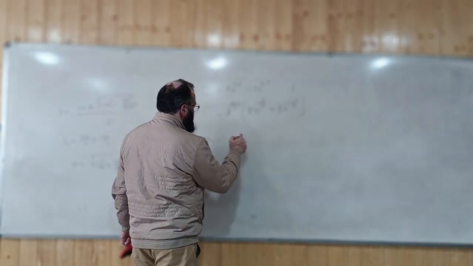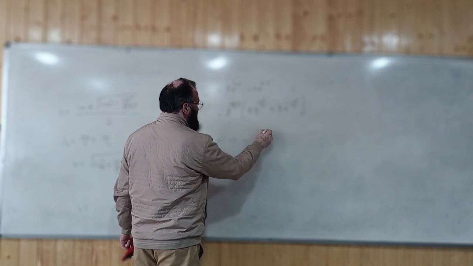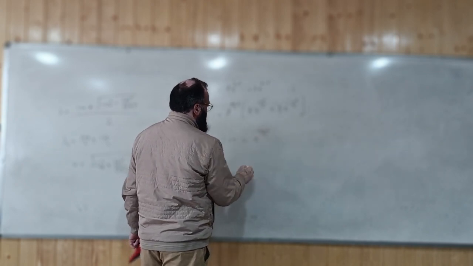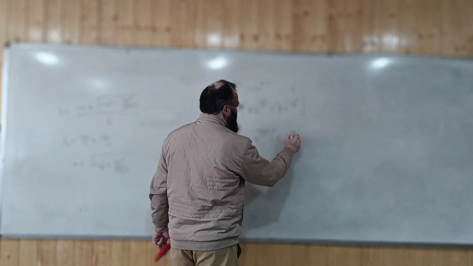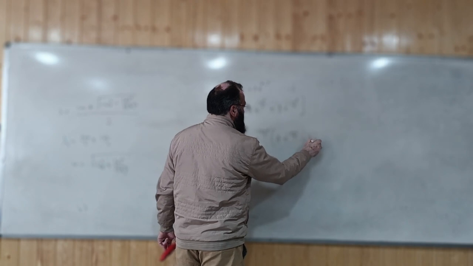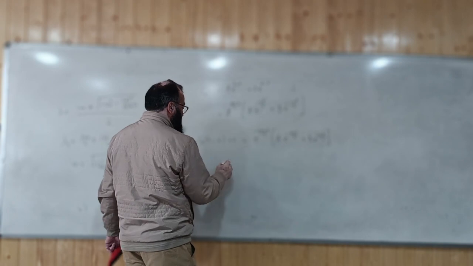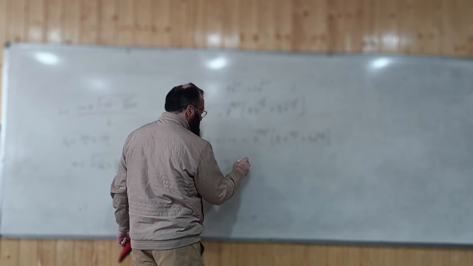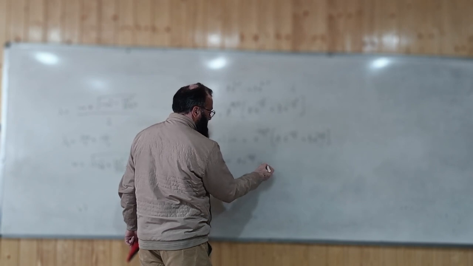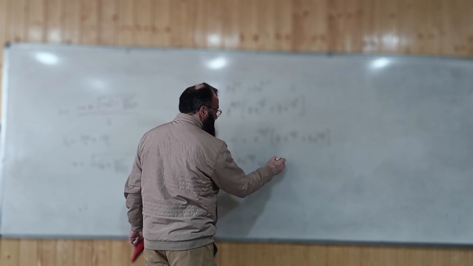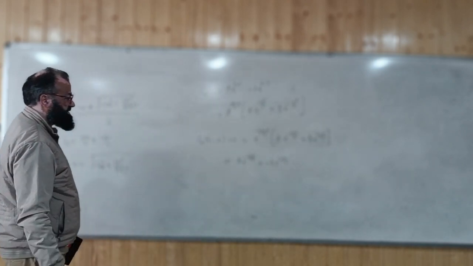So that gives A e^(-iωε/2) + B e^(iωε/2) = 0, which implies A e^(-iωε/2) is simply equal to -B e^(iωε/2). So you have got A in terms of B, or B in terms of A.